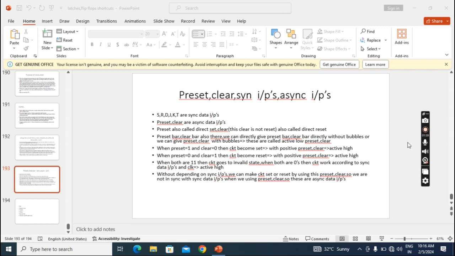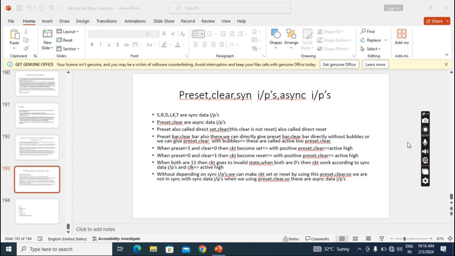Suppose when we want to make the circuit reset, then we have to make preset 0 and clear 1. Okay, this is also with positive logic. Okay, and when we give 1 1 with positive logic, then the circuit will go to an invalid state, an unused state.